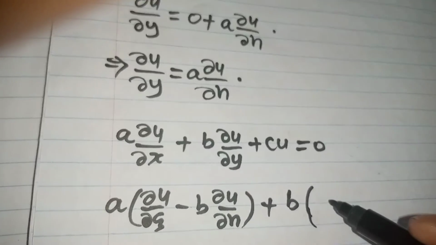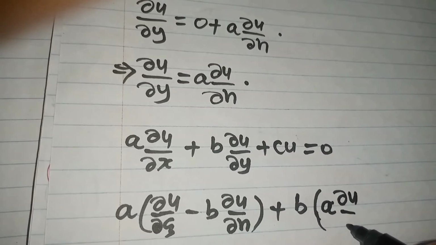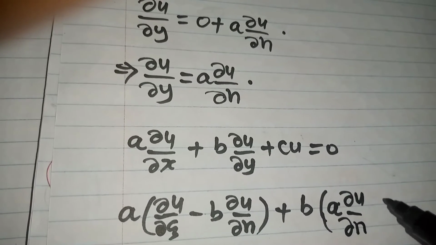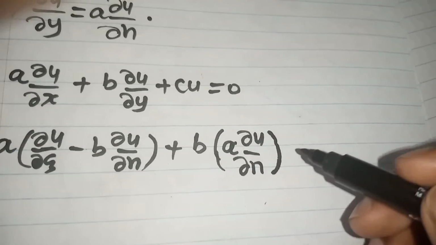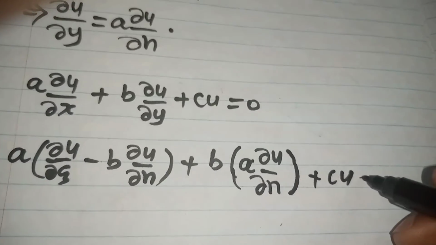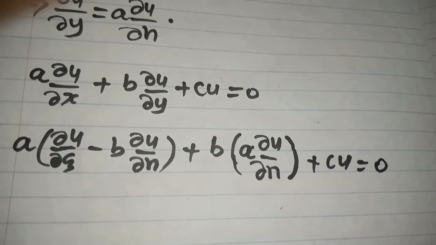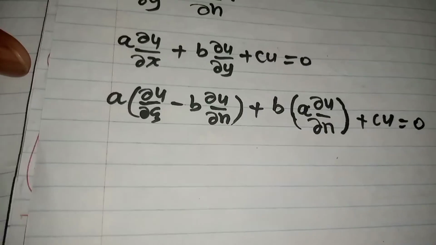So we substitute it here, it will be a partial u with respect to nu. Then we close brackets like this. Then plus cu is equal to 0.